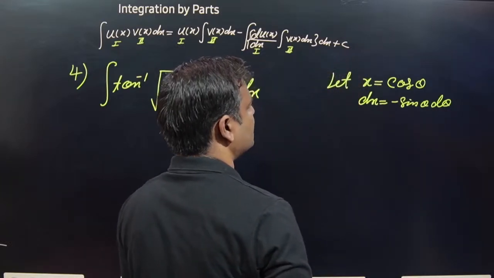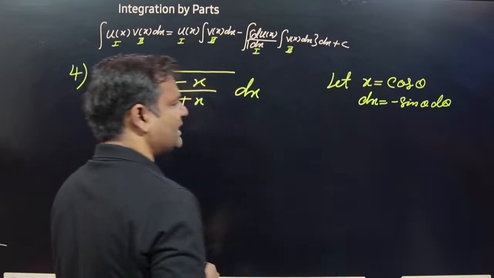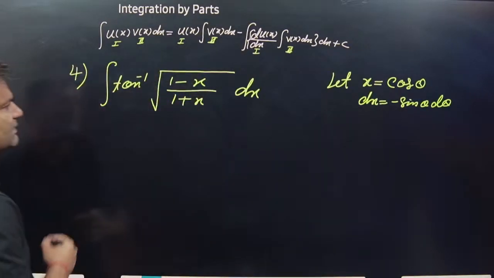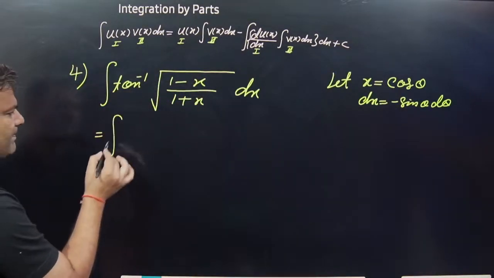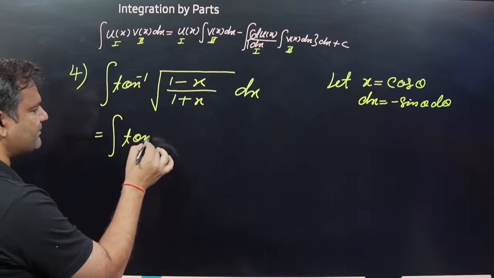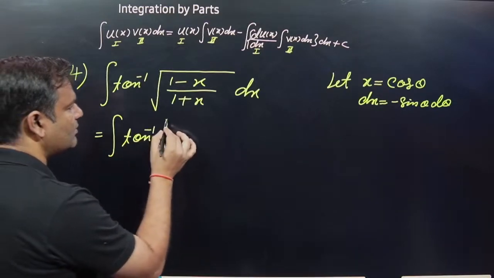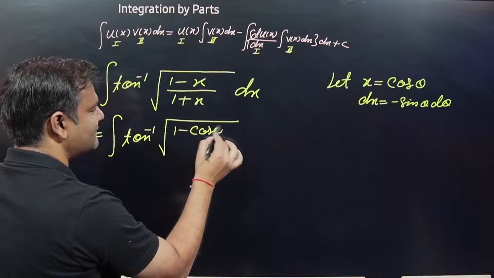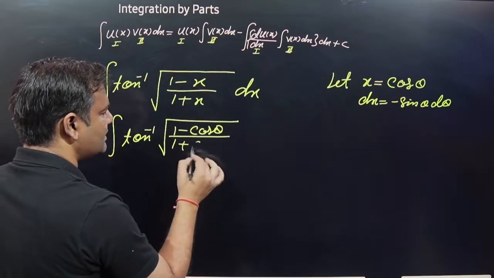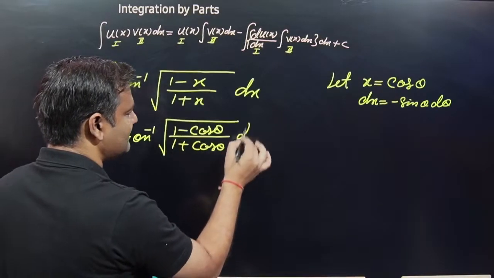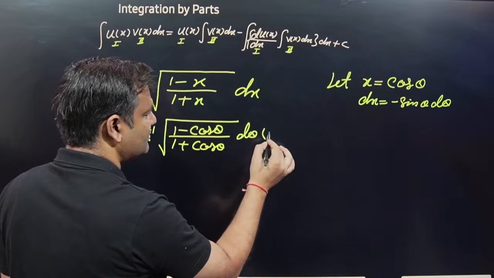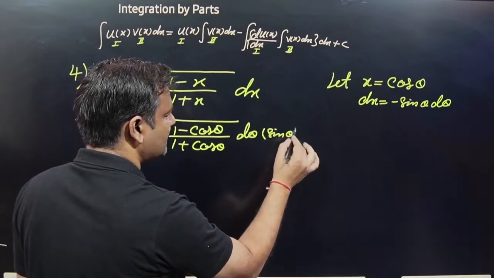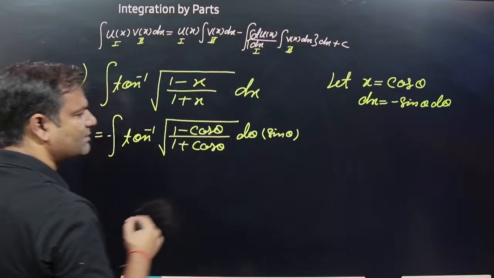So tan inverse under root 1 minus cos theta divided by 1 plus cos theta, into sin theta d theta, with the minus also written.